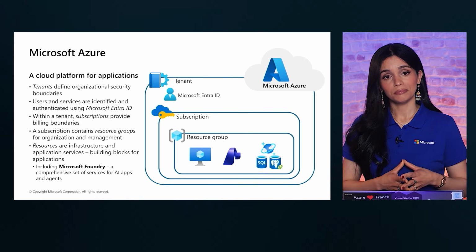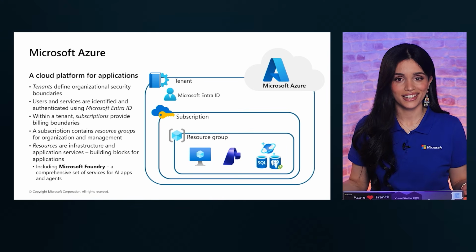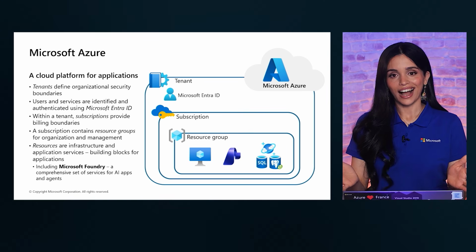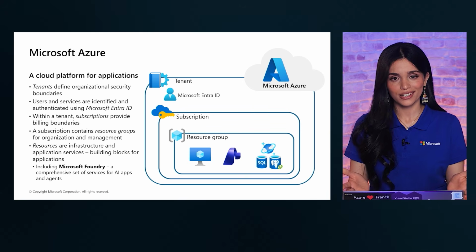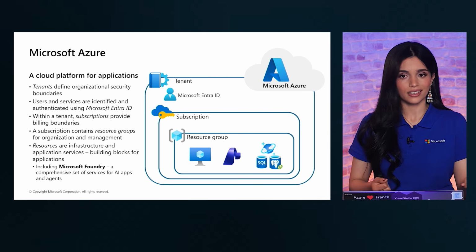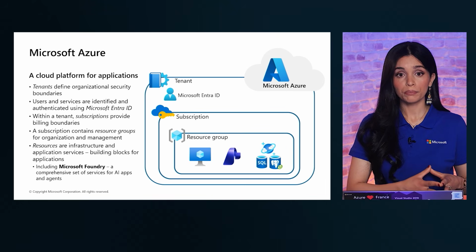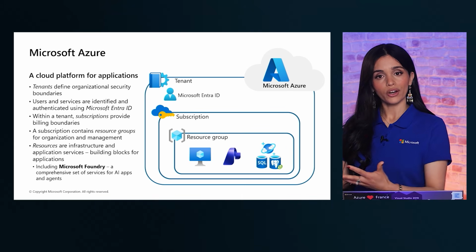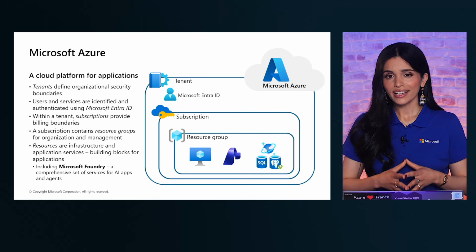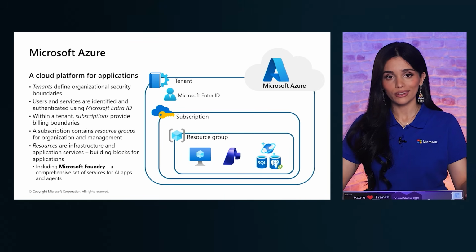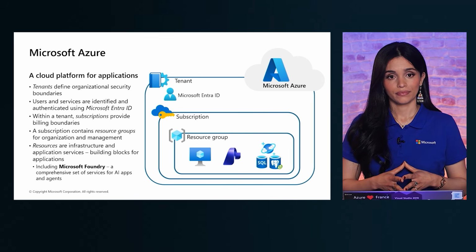Inside the resource group, we have resources. These are the actual things you use: an AI service, a database, a web app, or a storage account. When people say, I deployed an AI solution on Azure, they are really talking about all these things inside.